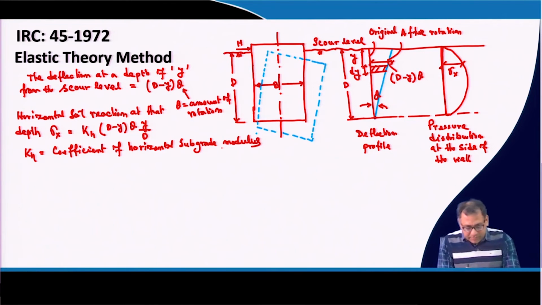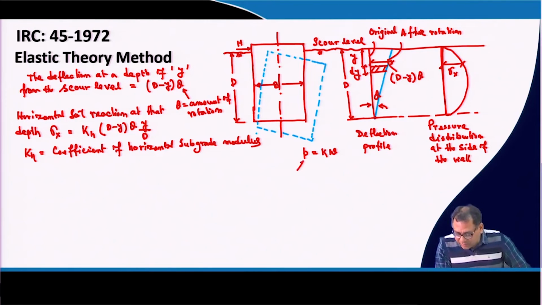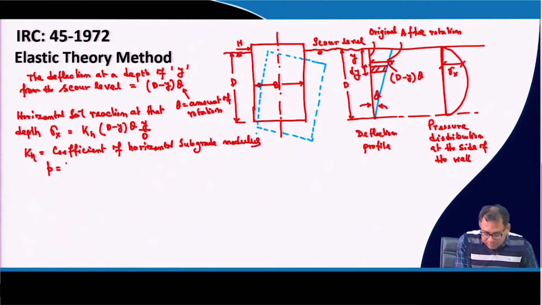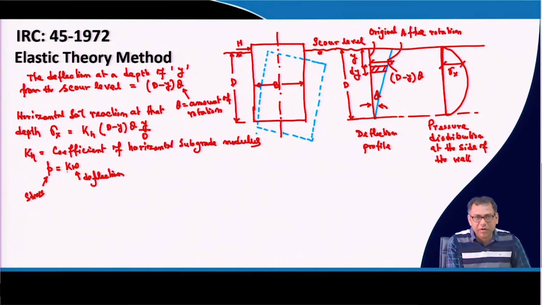We know that for the subgrade modulus, P is equal to K into W, where W is the deflection and P is the stress, and K is the modulus of subgrade reaction.